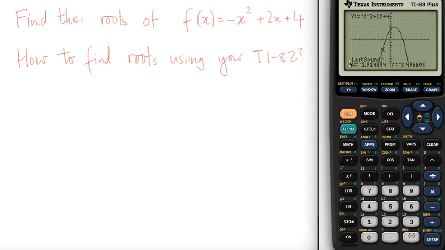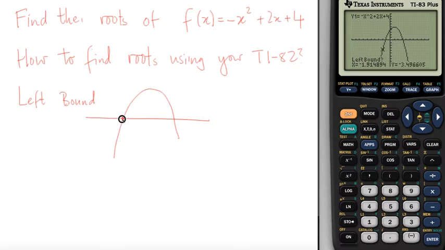We need to find a left bound. And you need to have the cursor to the, say the 0 is, you're trying to find this 0 or root here. You have to put your left bound somewhere to the left of that point. So it's flashing down here. I press enter. Then I have to choose a right bound.